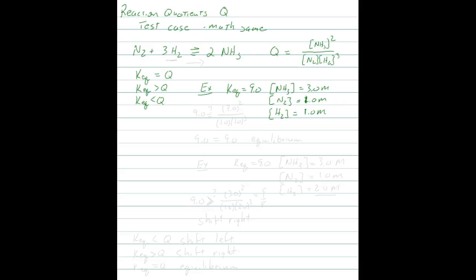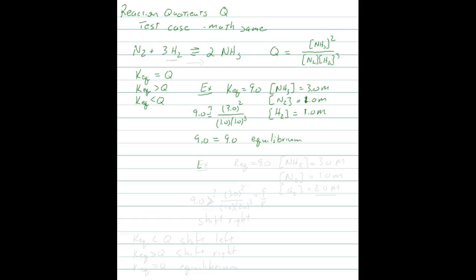Well, you plug the numbers in and compare. KEQ, they tell you, is 9.0. Q is 3.0 squared over 1.0 times 1.0 cubed. Does that equal? So you do the math and you find out that 9.0 and 9.0, yes, they are equal. So you can say this situation is at equilibrium. Equilibrium does exist.